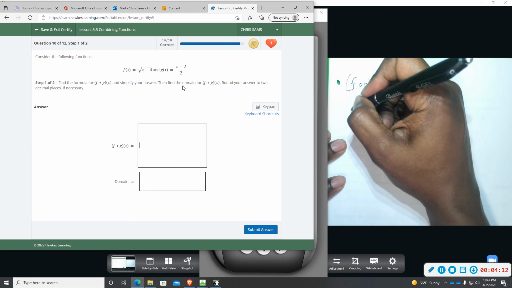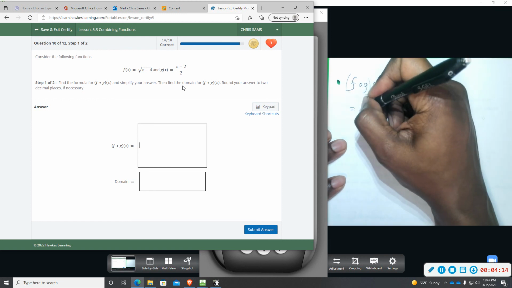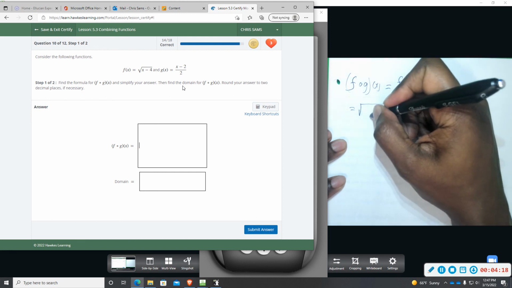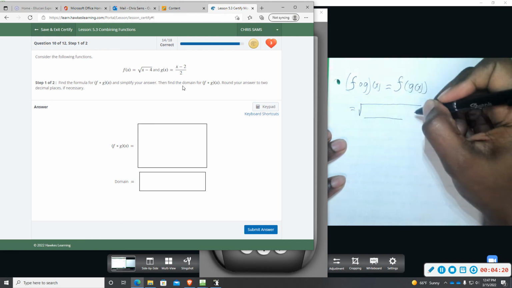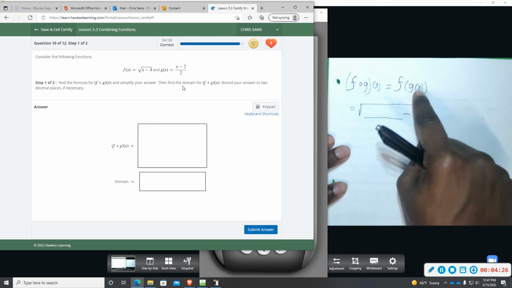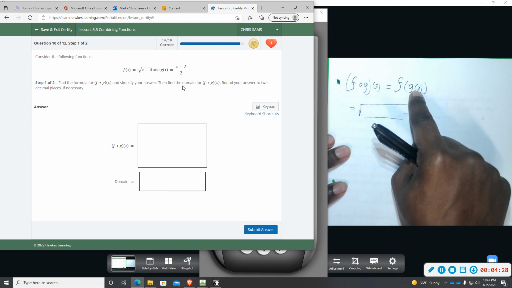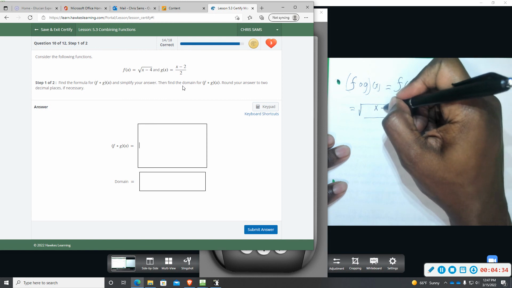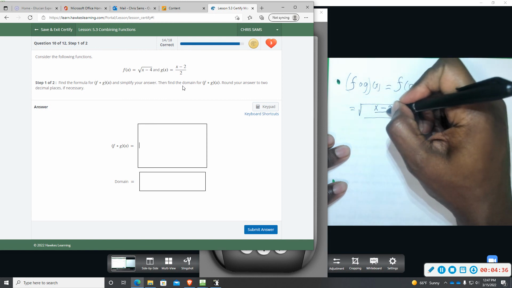So the outer function is equal to the square root of x minus 4. So I'm going to leave a blank space for the x, and I'm going to put my minus 4. We're going to be replacing x with the g of x equation. So g of x is equal to x minus 2 divided by 2. So in the place of x, we're going to do x minus 2 divided by 2.